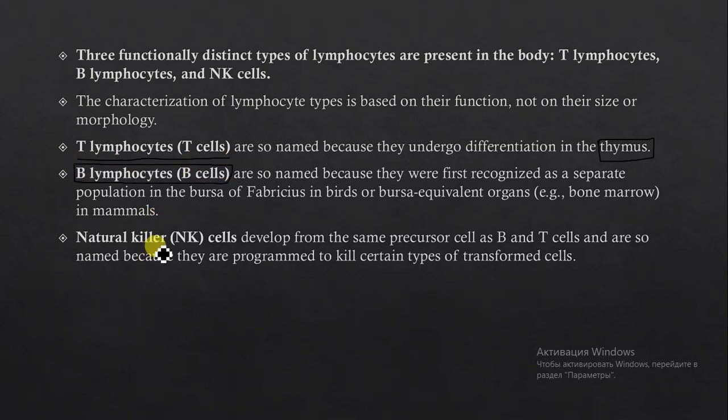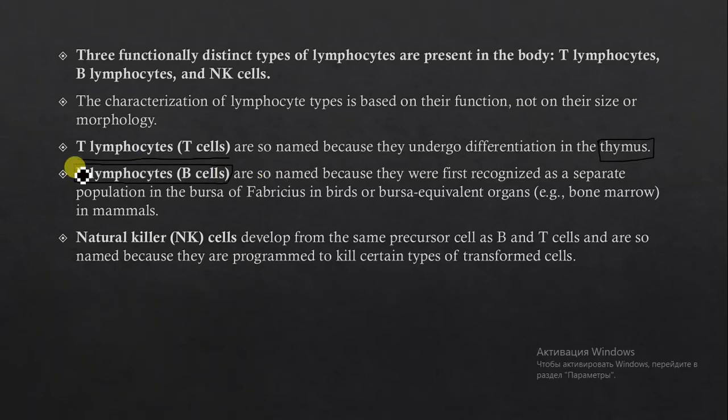The main function of B lymphocytes is that they change into plasma cells, and plasma cells are responsible for antibody synthesis. That's the function. B lymphocytes are able to change into plasma cells for protein synthesis.